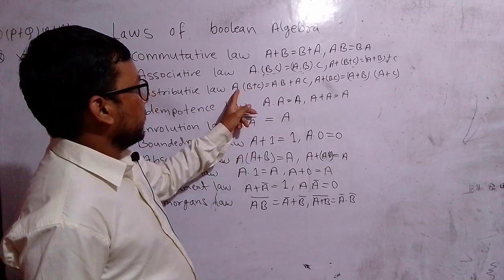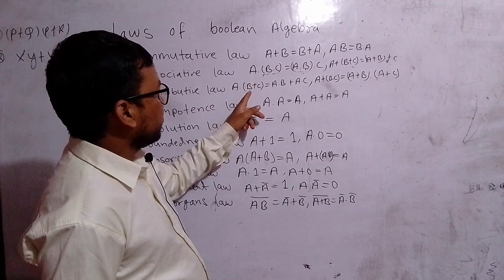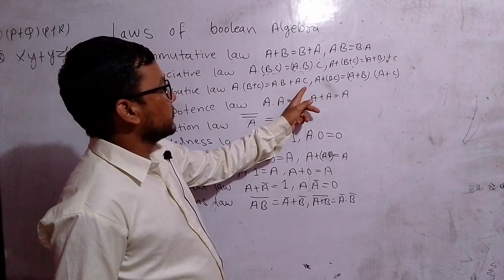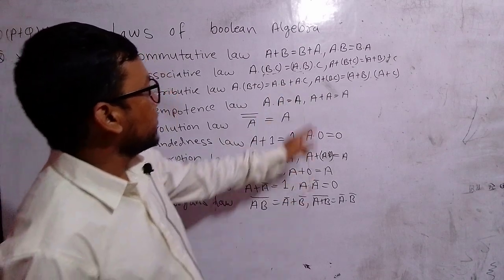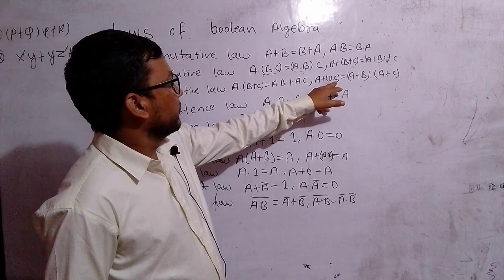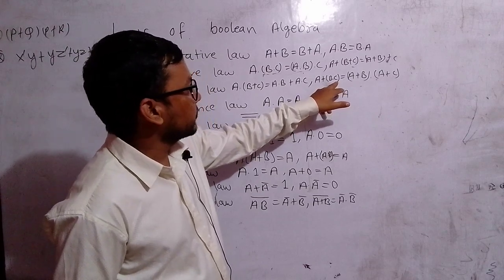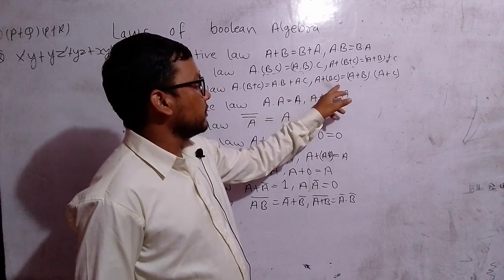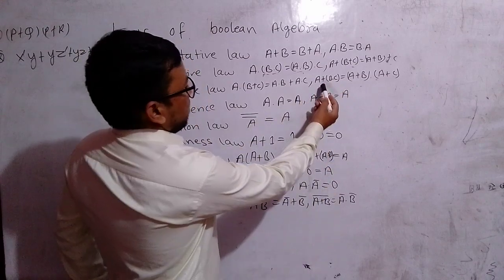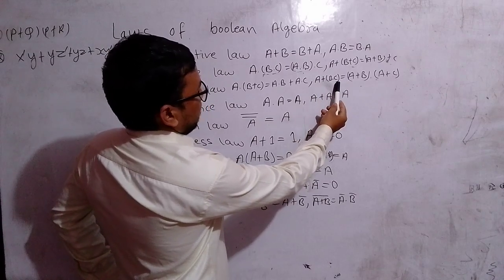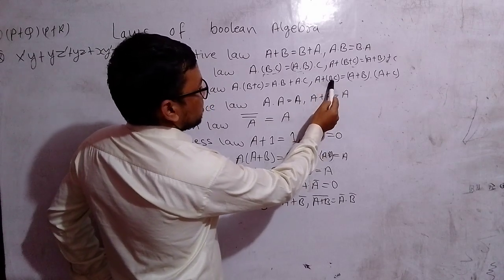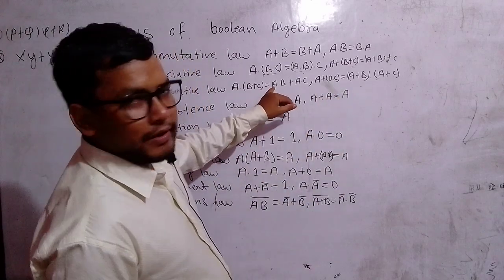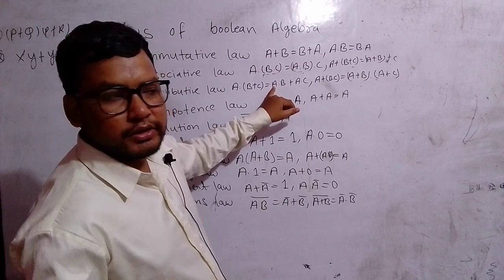That means A dot in the bracket B plus C would be equal to A dot B plus A dot C. And the same thing happens for the expressions where we exchange the dot and plus operators. Now here A plus B dot C would be equal to A plus B dot A plus C. We will verify these expressions using the truth table later.